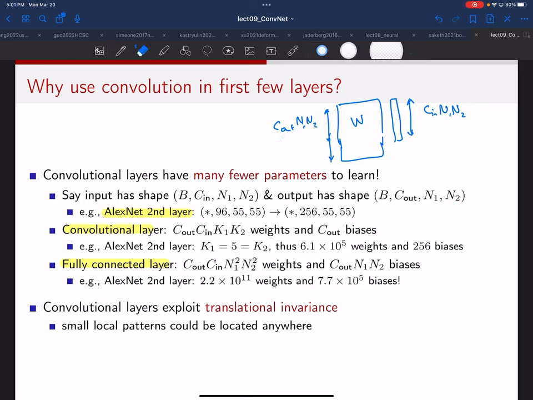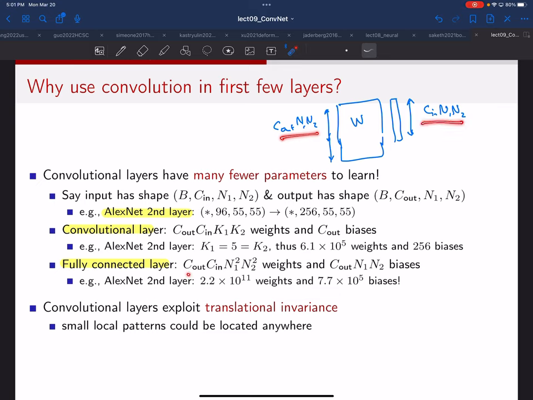Okay. So how many coefficients are now in the matrix? Exactly. It's this number times this number.